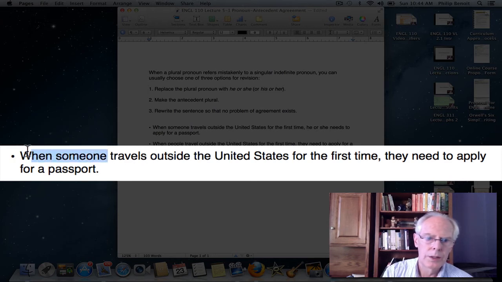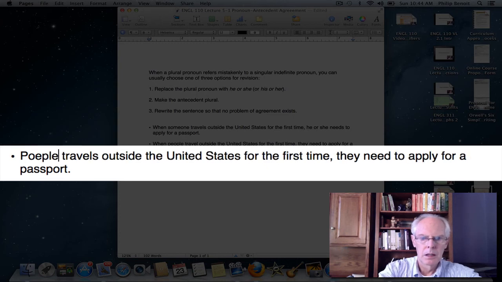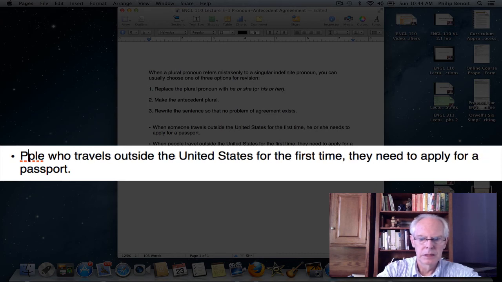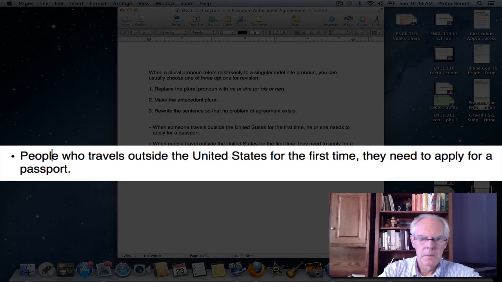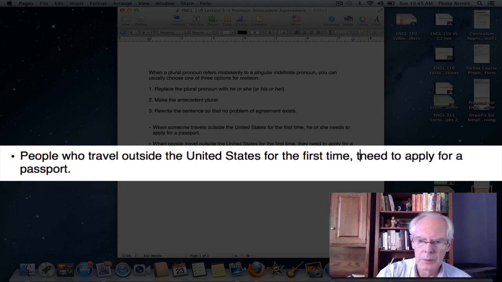Instead of saying "when someone," we'll say "people who"... gotta fix this... "who travel outside the United States for the first time," and we'll just take out this pronoun because we don't need it anymore.